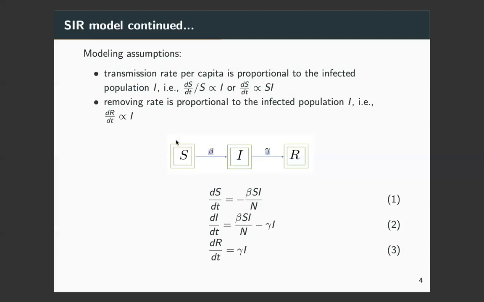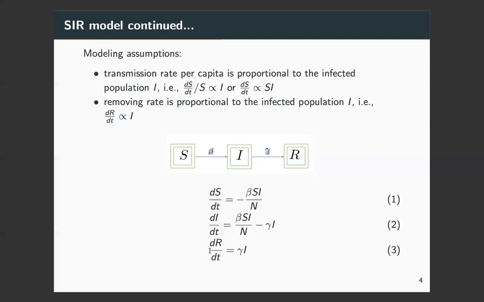The second assumption is that the removing rate is proportional to the infected population I. So dR/dt, which is the number of individuals that come from the infectious population to the recovered population, should be proportional to the size of the infectious population.